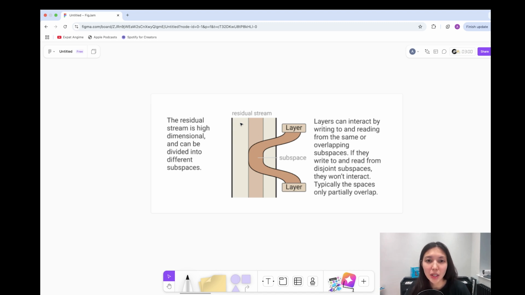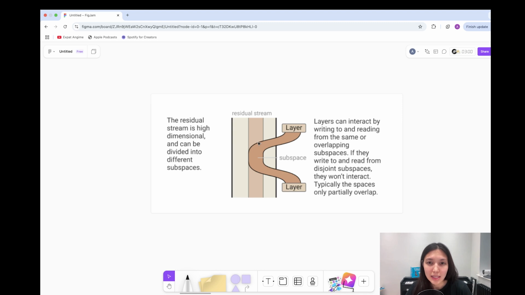For example, this residual stream shown in the picture is divided into 3 subspaces, and the first subspace might contain information about the previous token, while the second subspace can store something like the subject of the sentence, etc. If layers read and write to the same subspace, then they communicate with each other. However, if they do it to different disjoint subspaces, then they don't interact at all.